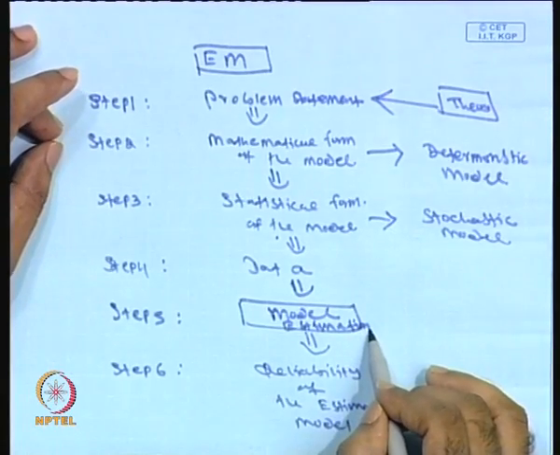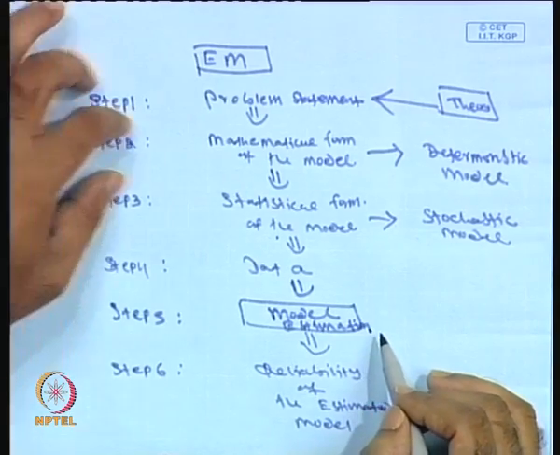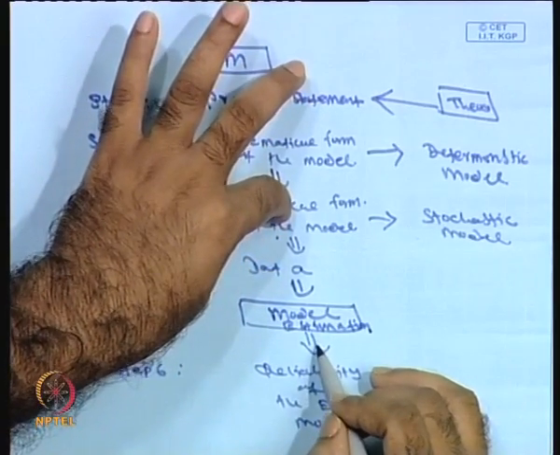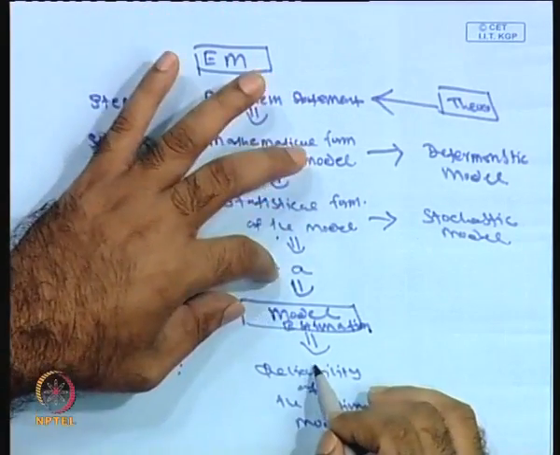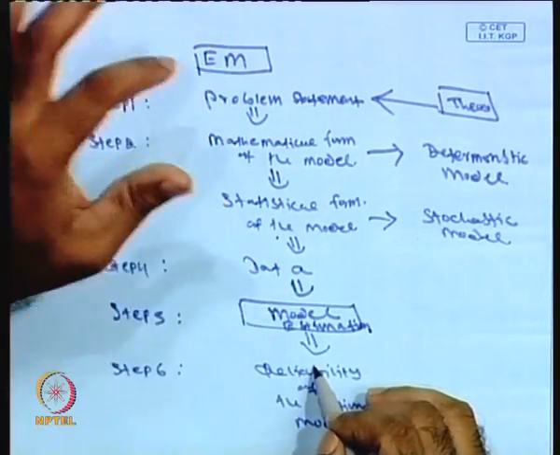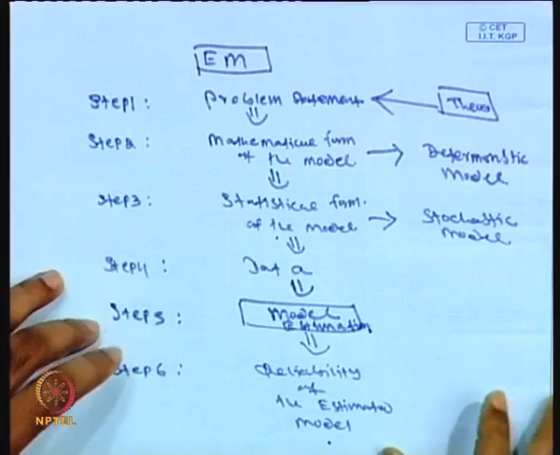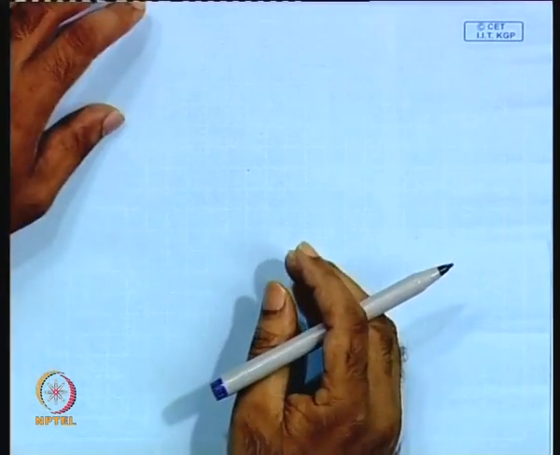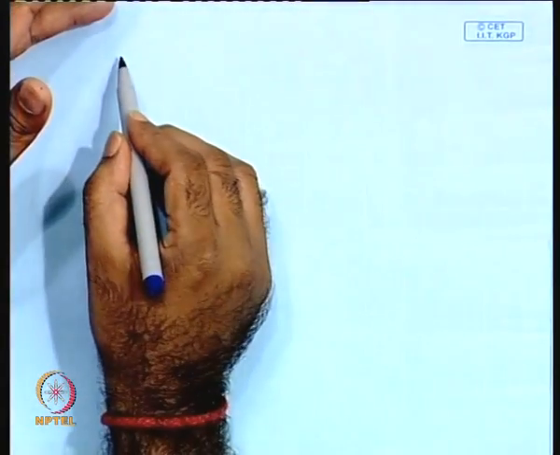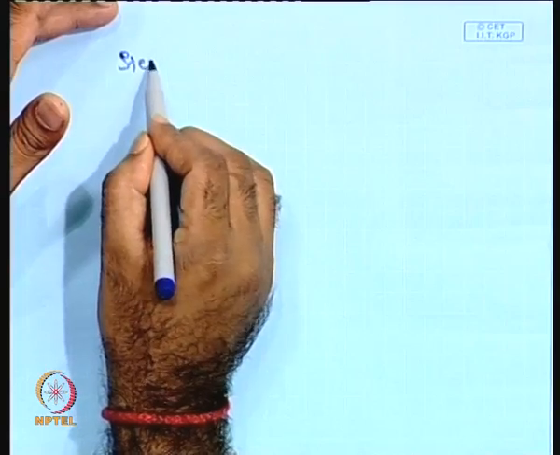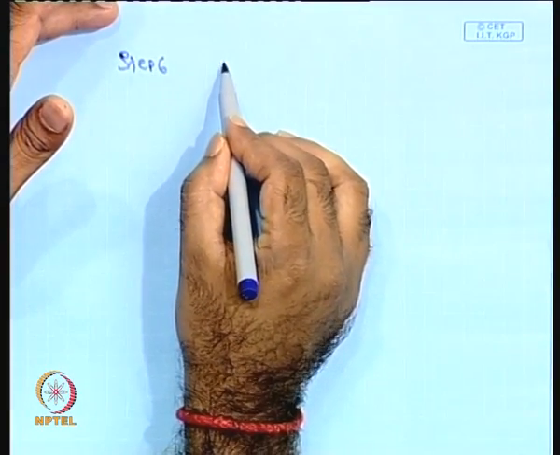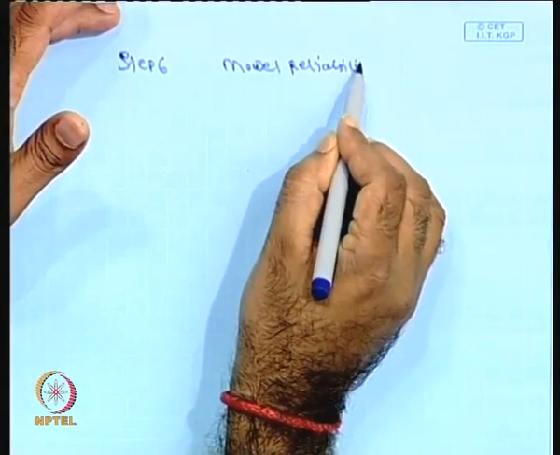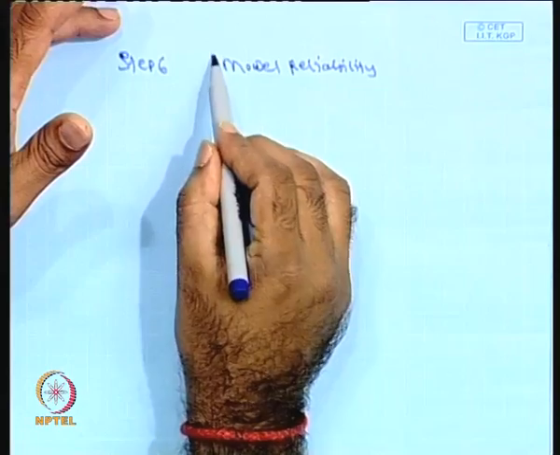Step 5 is very crucial here, because before this step there are certain procedures, and after this step there are certain procedures. It is the middle of this econometric structure. Now, what is model reliability all about? Model reliability basically deals with certain procedures. Let us once again write it here: step 6 is called model reliability, which is derived through model estimations.